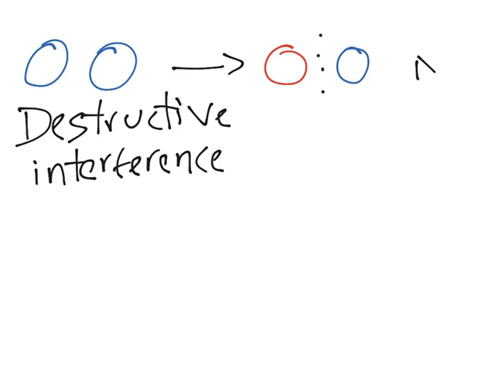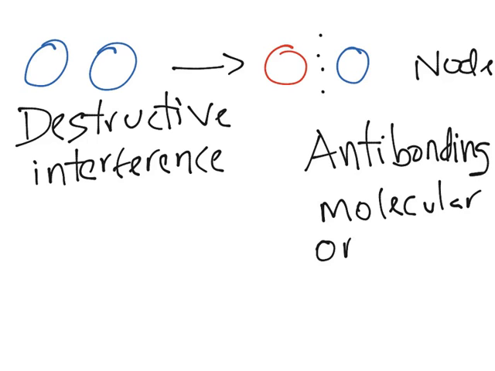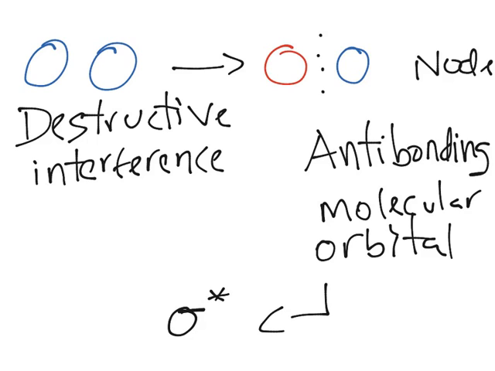And we call this a node, but the formal name is antibonding molecular orbital. And we just represent that with the sigma sign with a star.